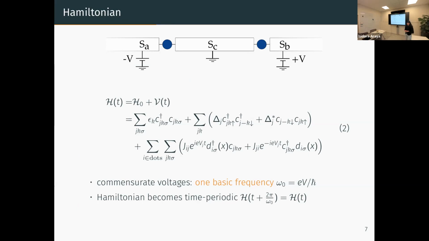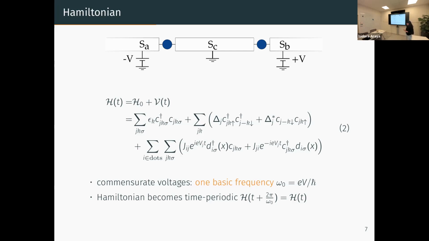I describe them with BCS Hamiltonians, and then I have the 2 quantum dots that are tunnel coupled to the superconductors, which is this V of t part here. It's just tunnel coupling. And as I said, with this voltage configuration, I have one basic frequency and a time periodic Hamiltonian.